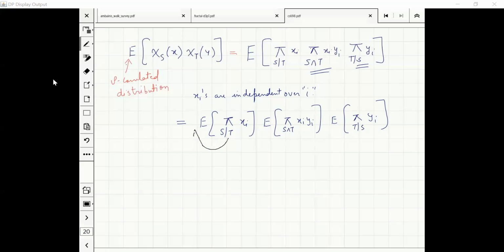This can move. This I won't change, it doesn't matter. This can also move. The product can go outside instead of inside the expectation. And then what do I know about the expectation of xi?